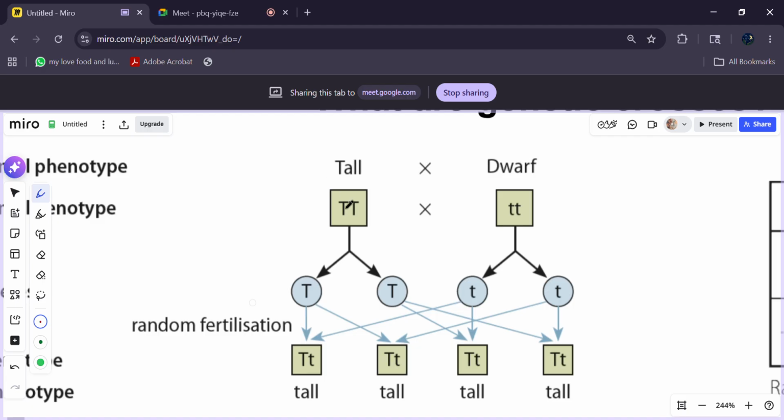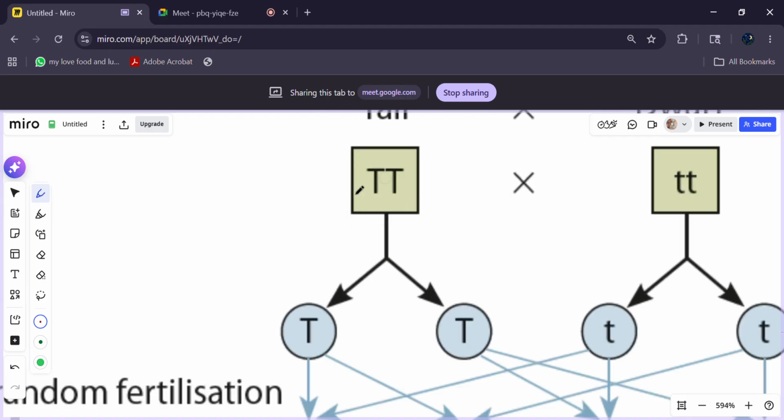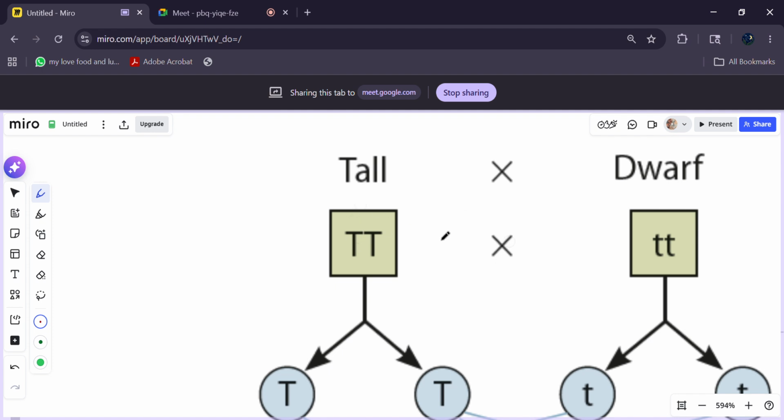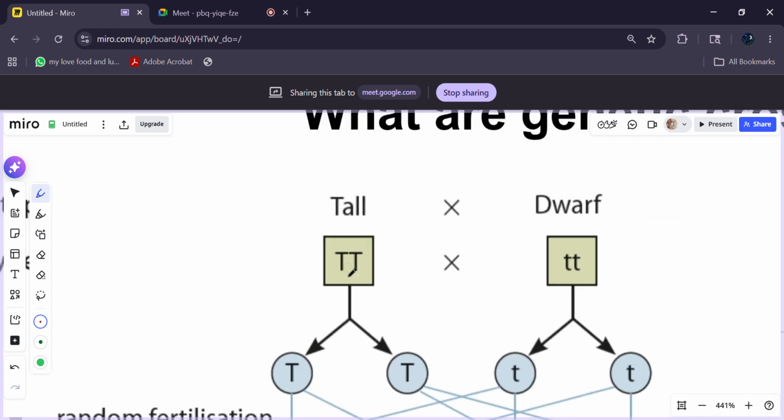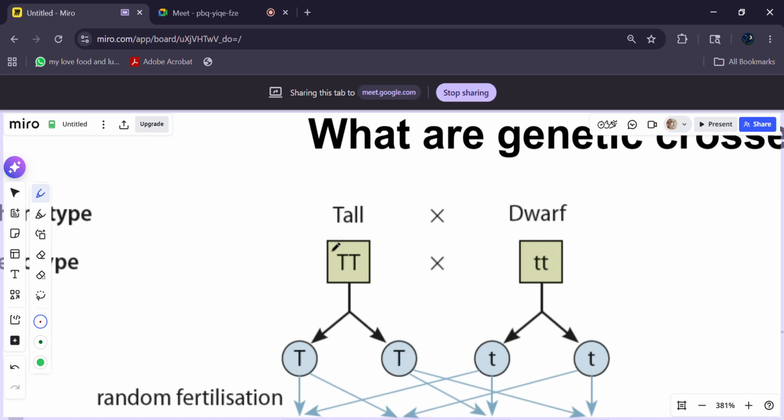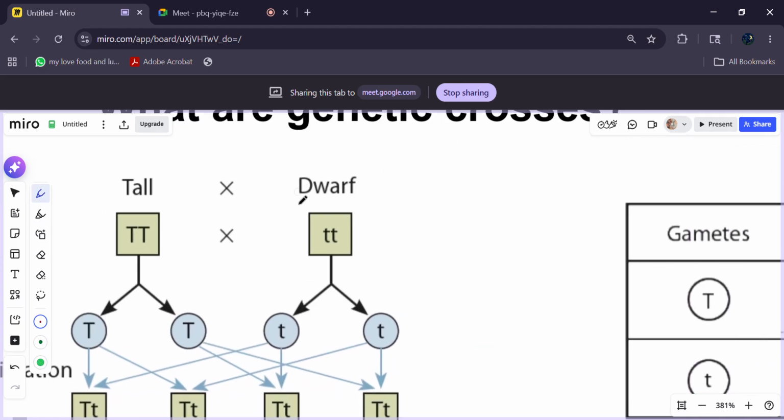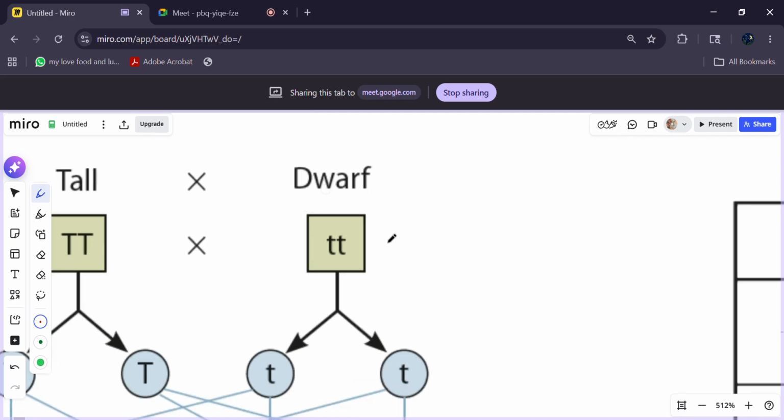The tall is dominant, because its uppercase letter is dominant in the genotype. This entire thing is a genotype, and this is also homozygous since both alleles are the same. The dwarf is also homozygous, but both are recessive.